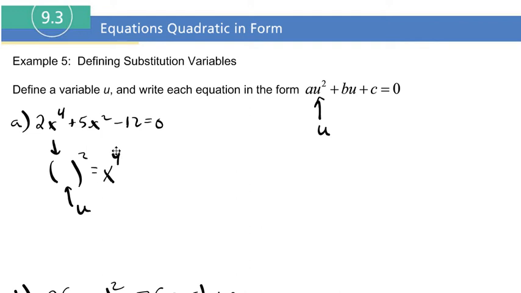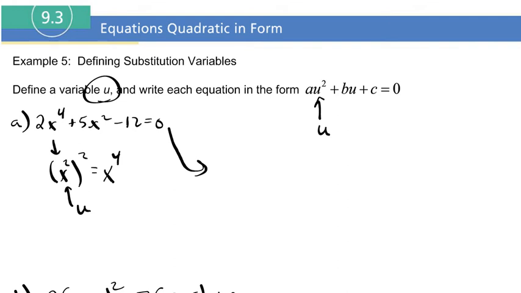I'm going to use some of the skills we've learned in taking a power to a power, and that would be x squared, all raised to the power of 2, which means 2 times 2, which is 4, right? So my u is going to be x squared. That's how we were able to define our u variable.